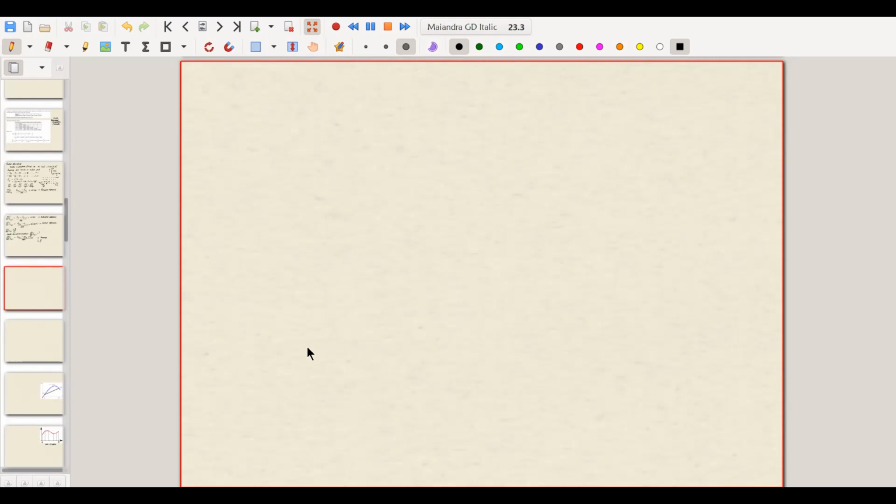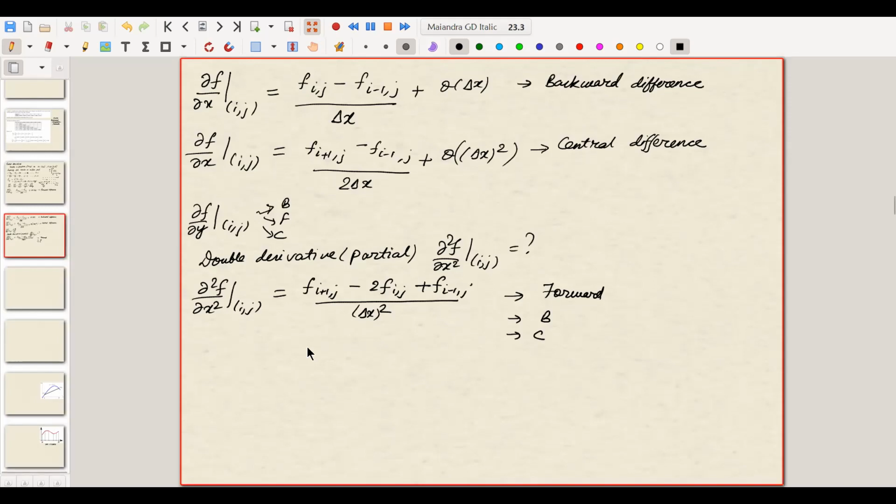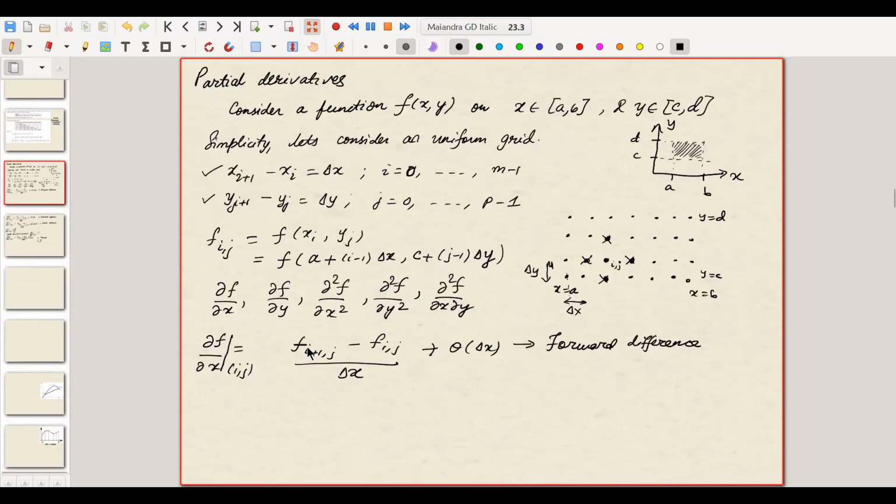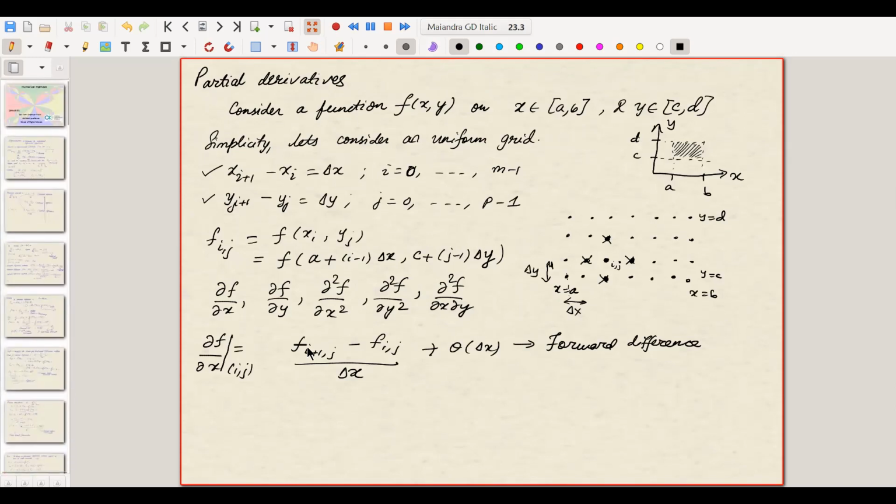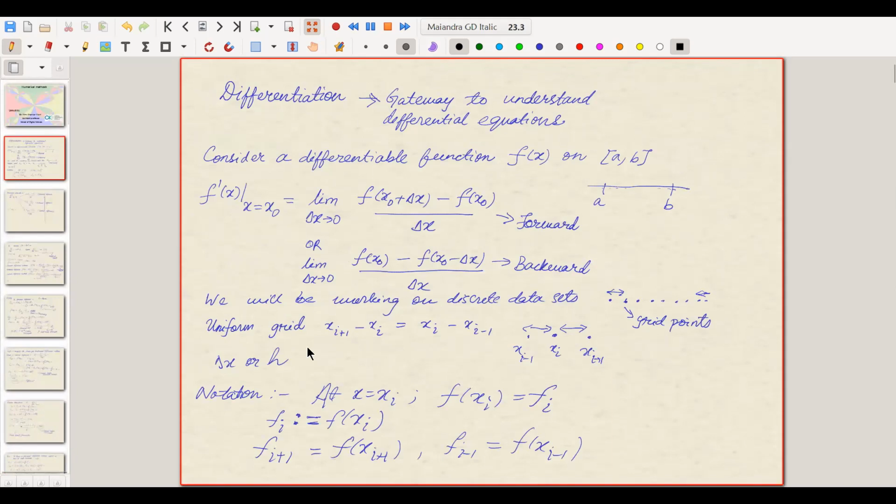But after this, we'll go to integration, then ordinary differential equation, then partial differential equation. While going to the partial differential equation, you can appreciate all these ideas. There it will be more clear. So you can see how the roots are following. While learning the first slide of derivative, I told you that differentiation is a gateway to understand differential equations.